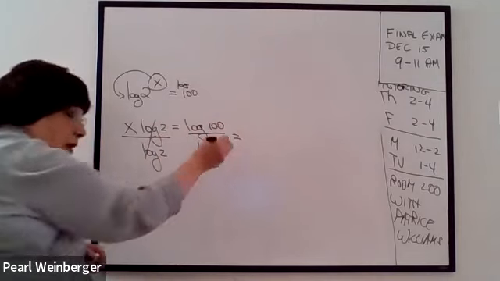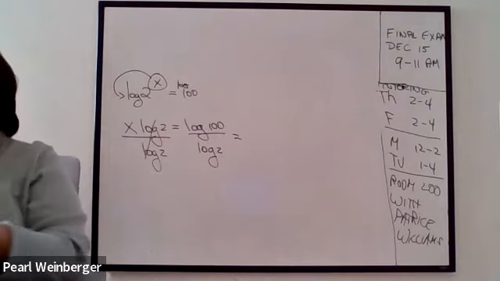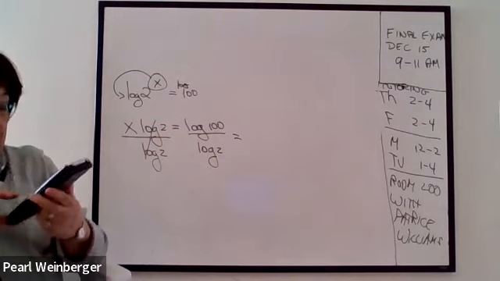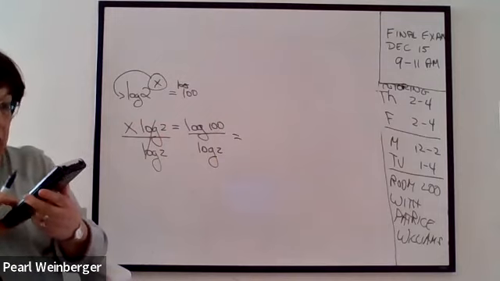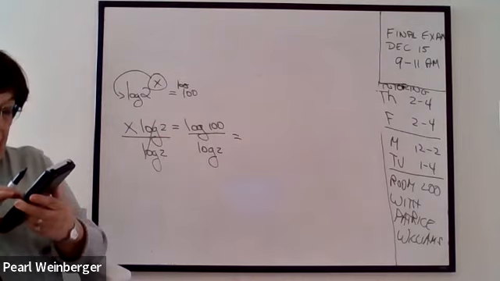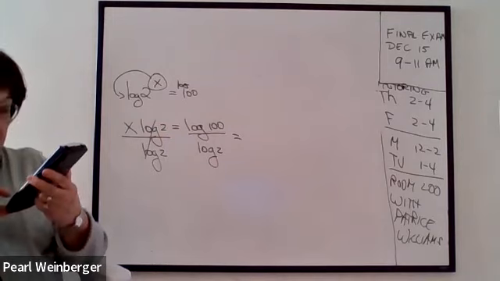I'm just going to take my calculator. And on my calculator, I'm going to press my log button and put in 100, close the parentheses, divide, press the log button again and put in the 2 and close the parentheses.